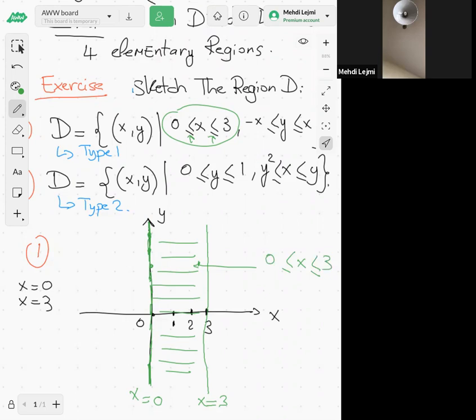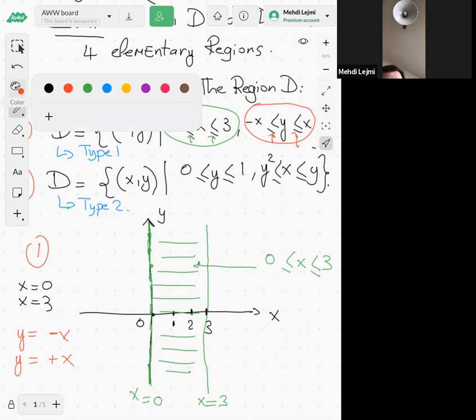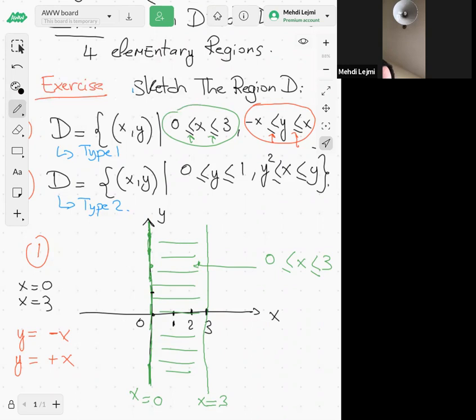Now, next, what about y? So y is between negative x and positive x, so you have to graph the functions y equals to minus x and y equals to positive x. Let's graph y equals to x. Let's say this is 1, 2, 3 here.